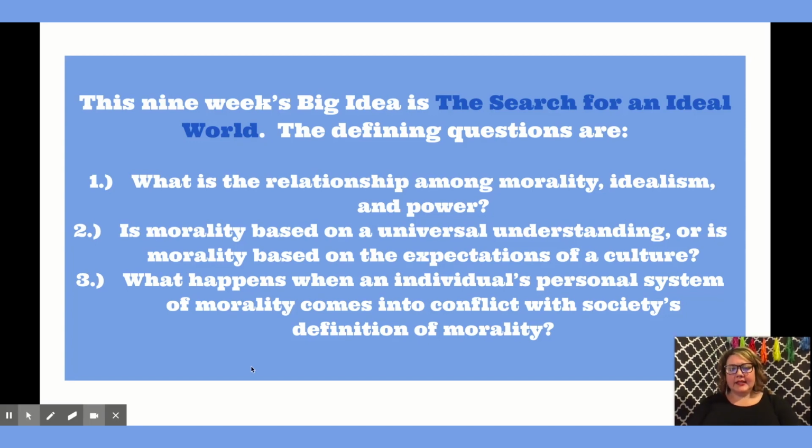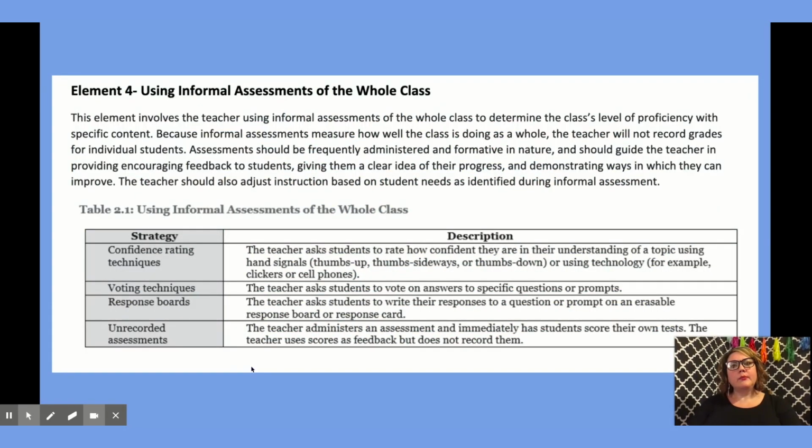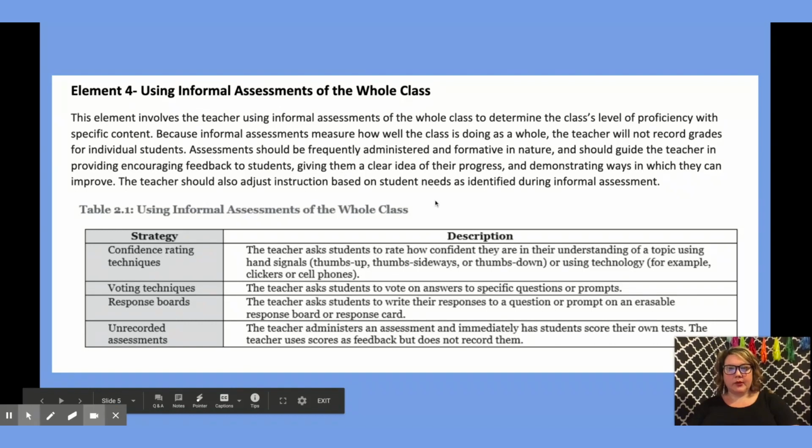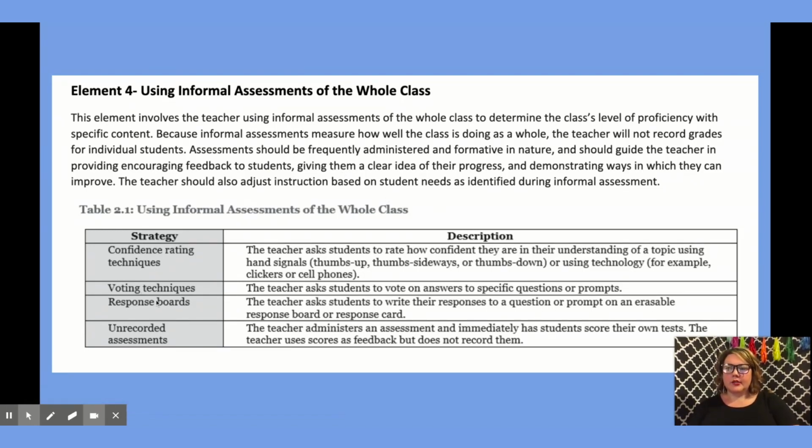And then lastly, let's look at two Marzano elements that are very significant within this 9 weeks. The first being that of using informal assessments of the whole class. So notice that we have some strategies here: confidence rating techniques, voting techniques, response boards, unrecorded assessments.